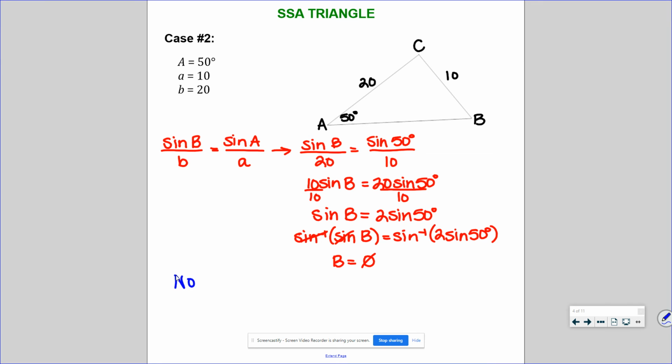It is not possible to draw a triangle where one angle is 50 and then the A and the B values are 10 and 20 like this, okay? So maybe we'll say no possible triangles. At this point, you would be done. You just say, not solvable, no possible triangles, I am done.